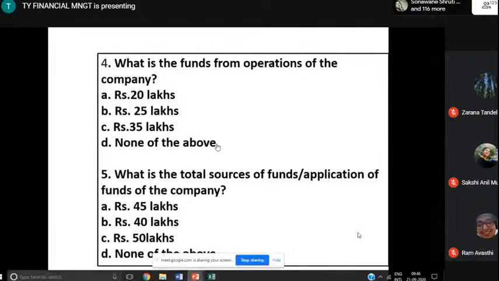What are the funds from operation of the company? FFO. Please write down the short form FFO. What is the FFO of the company? 20 lakhs, 25 lakhs, 35 lakhs, none of the above.